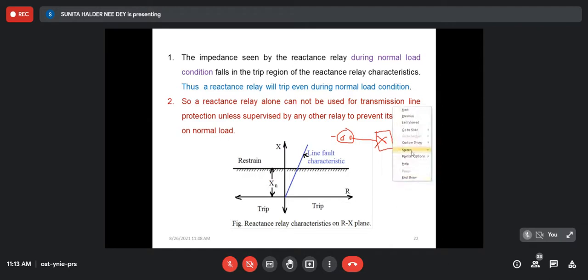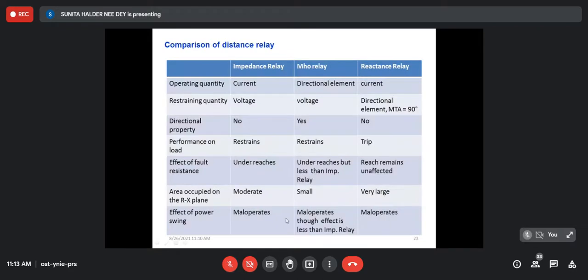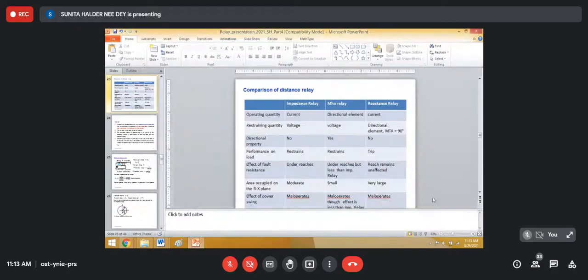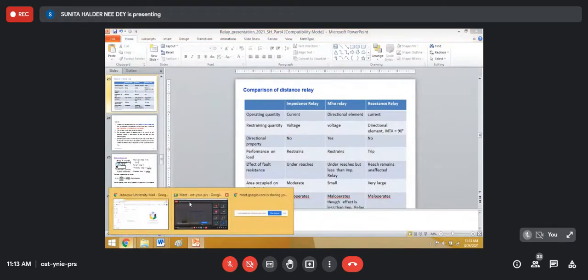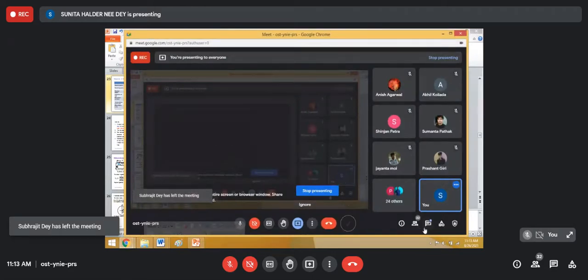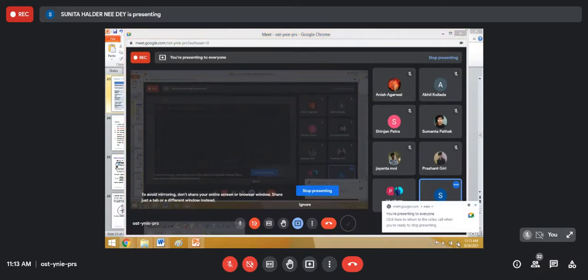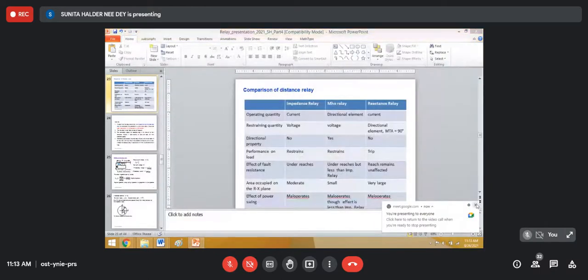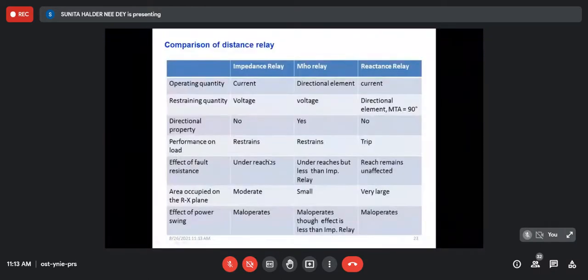Have you understood? Nobody is responding. Then check this comparison of distance relays and tell me if you have any question.